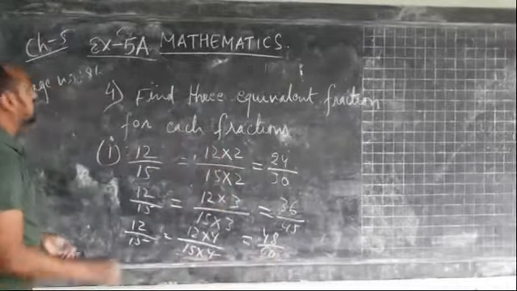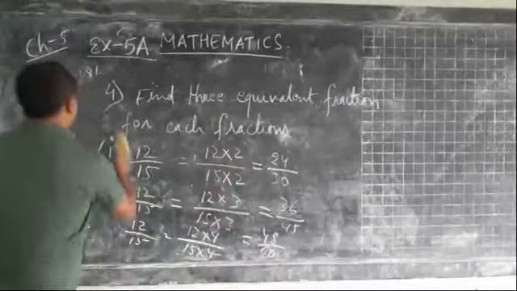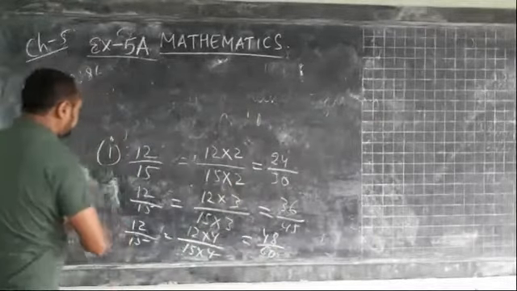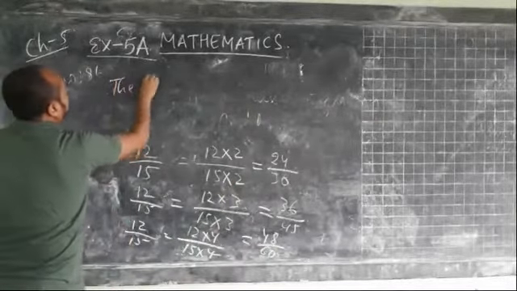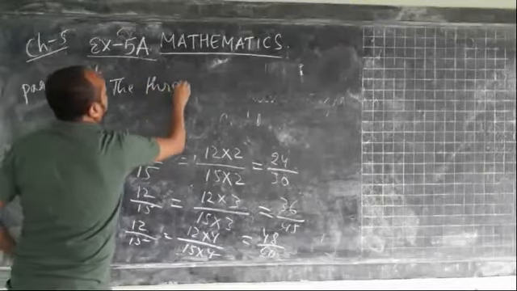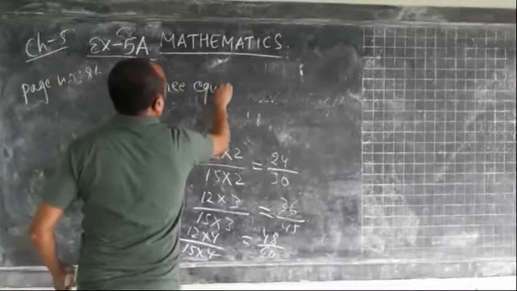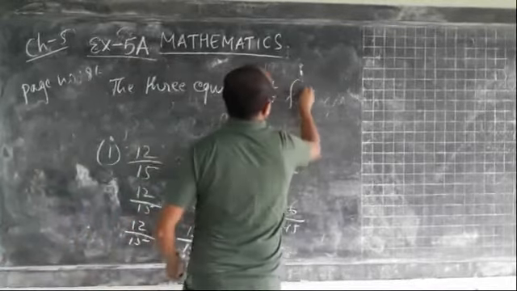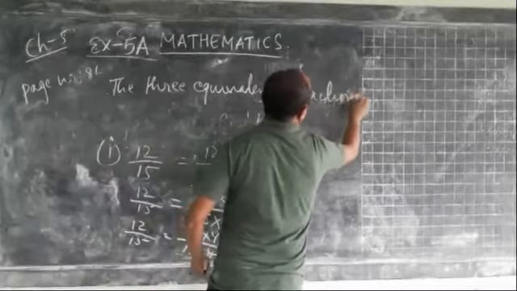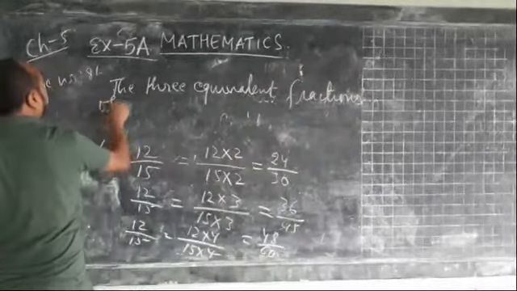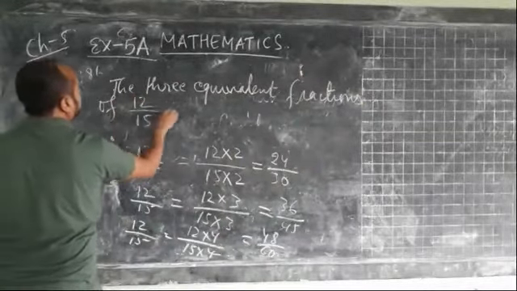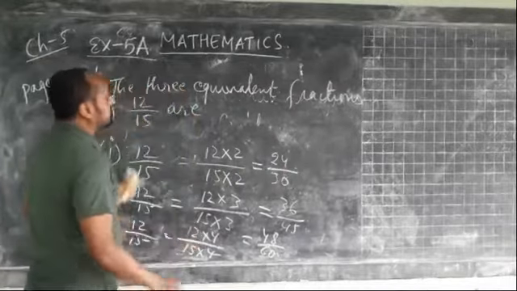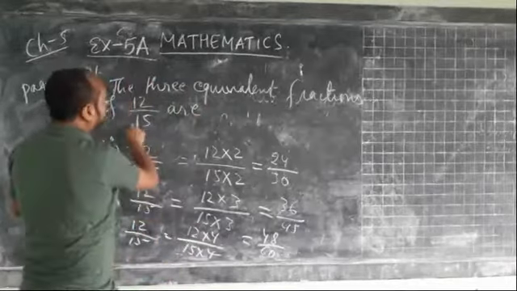Now this can be written as the three equivalent fractions of 12 by 15. What are the three equivalent fractions of 12 by 15?